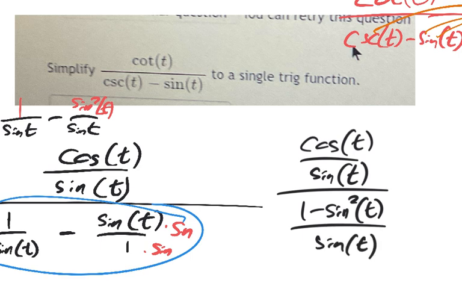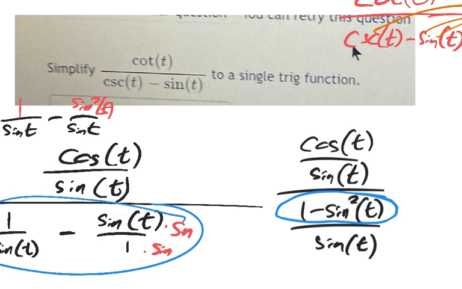Now I've got a fraction divided by a fraction. One of these sticks out like a sore thumb. That is. I can simplify that. Whenever I see something being squared and it's a binomial, I'm automatically thinking Pythagorean identities.